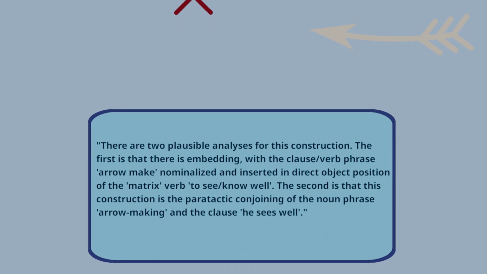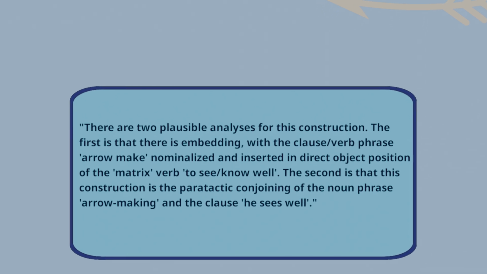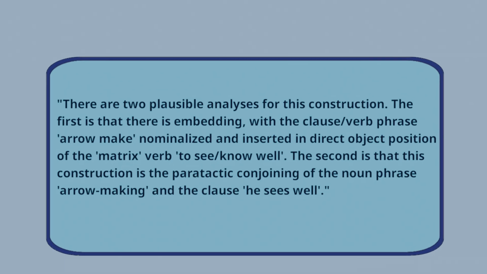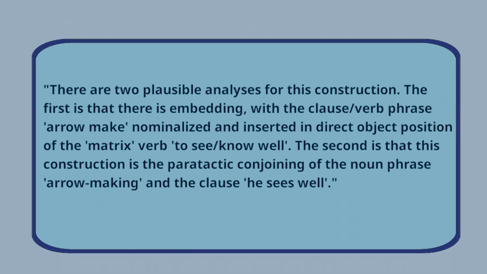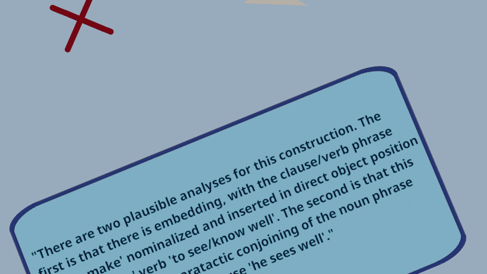The first is that there is embedding, with the clause, verb phrase arrow make, nominalized and inserted in direct object position of the matrix verb to see, know, well. The second is that this construction is the parataxtic conjoining of the noun phrase arrow making and the clause he sees well. Parataxtic conjoining is a mouthful, but all it means is this.